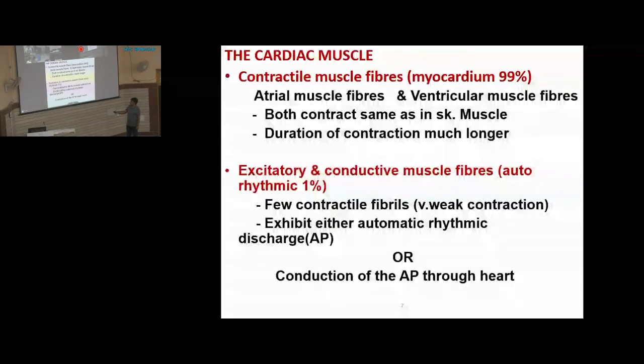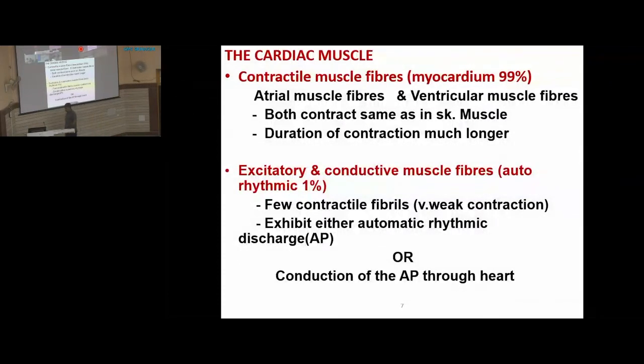What are the special properties of these conductive muscle fibers? One is they have very few contractile fibrils. They possess very weak contraction, because their main property is to exhibit automatic rhythmicity, or to conduct the action potentials throughout the heart.